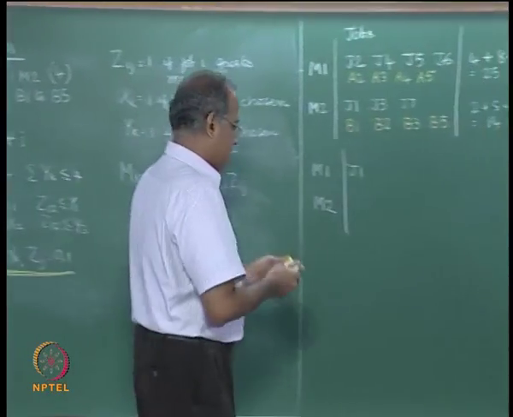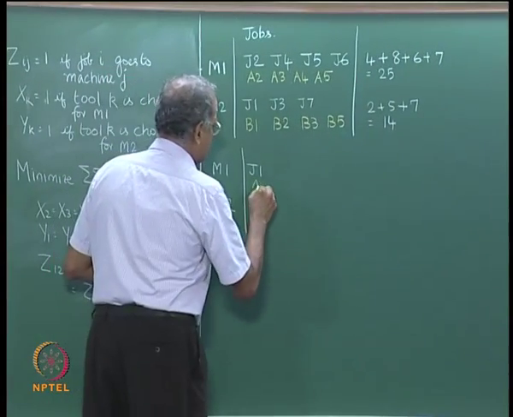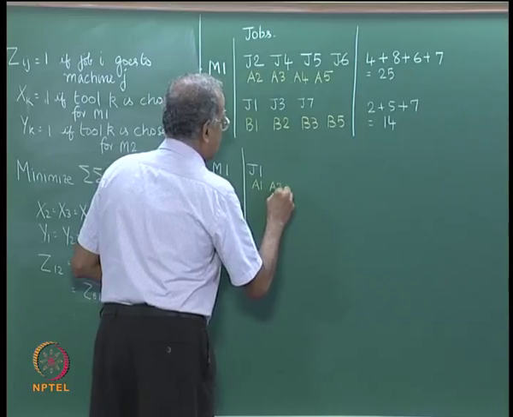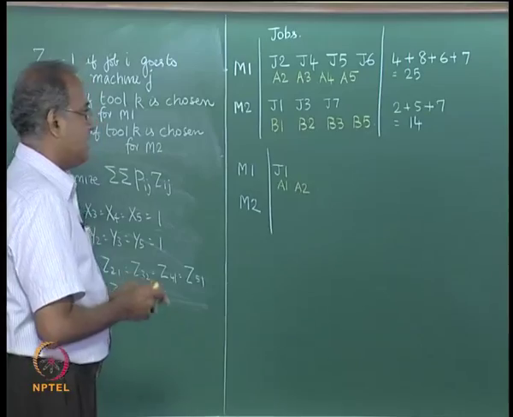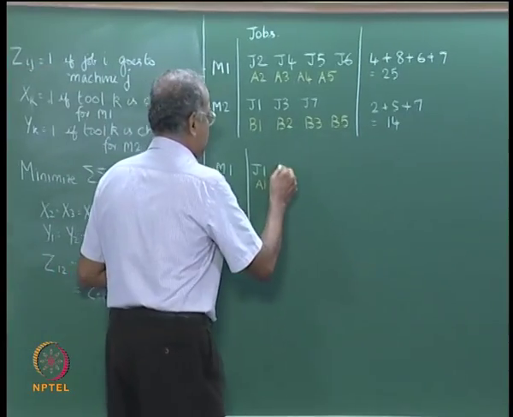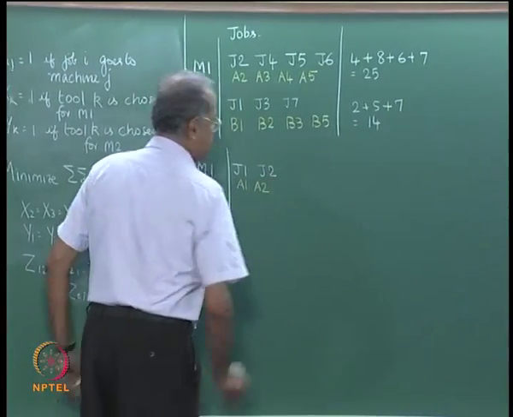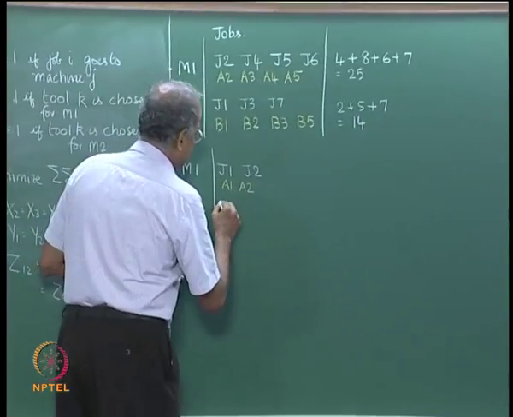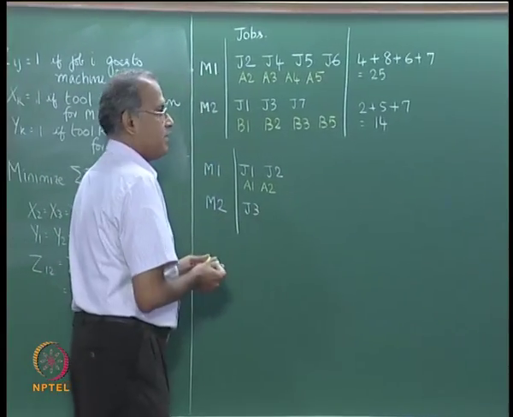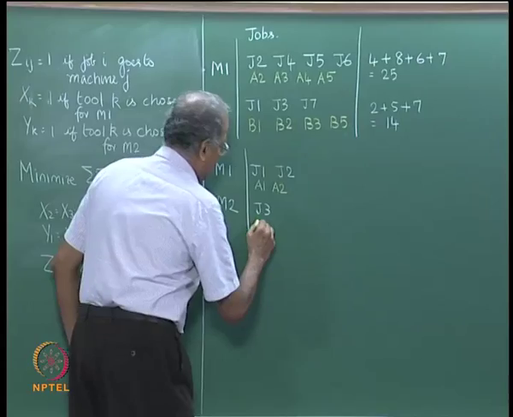So, along with J1, tools A1, A2 go here. J2 also goes to M1, tools are already available. J3 goes to M2, so tools are B2 and B5.